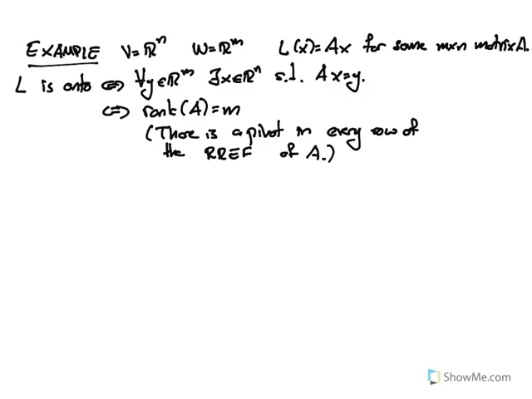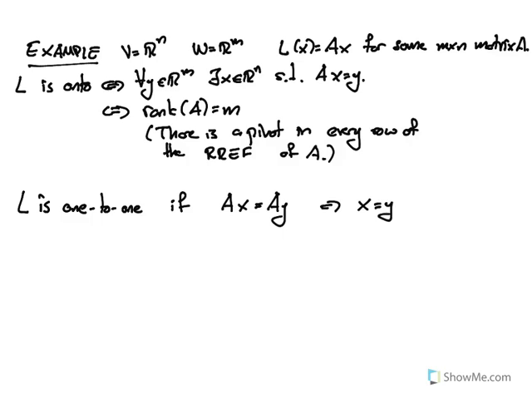So now when is L one to one? If Ax equal to Ay implies x is equal to y.